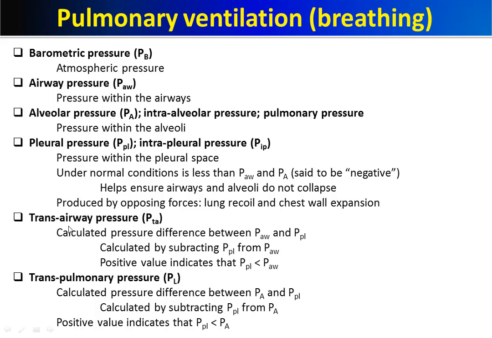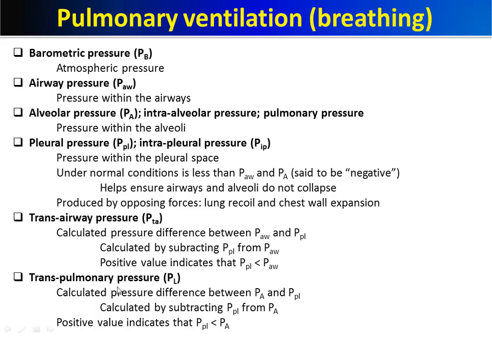We have another pressure, known as trans-airway pressure. This is the pressure across the wall of the airways. It is equivalent to the difference between the pressure inside the airways and the pressure inside the pleural sac, and it is calculated by subtracting the pleural pressure from the airway pressure.